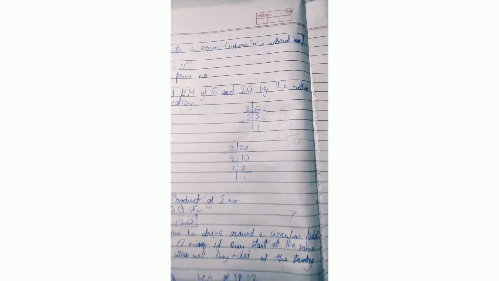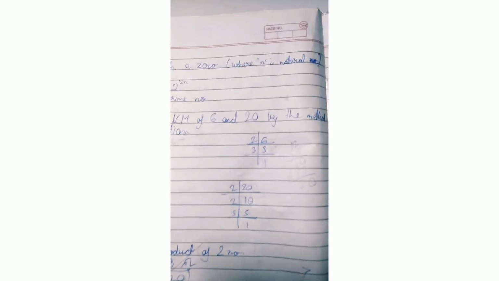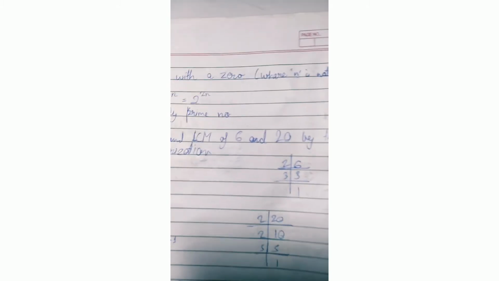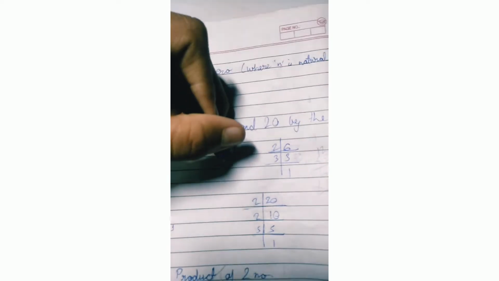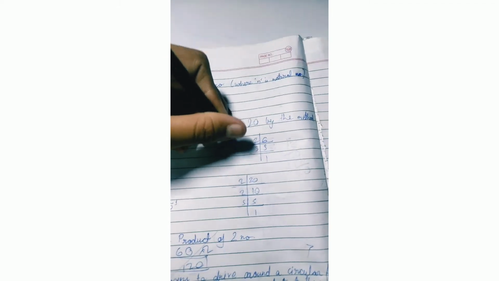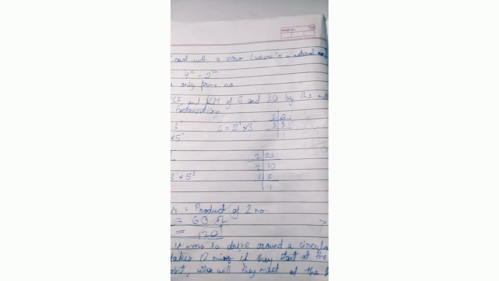So guys, we have taken out the factors of this number 6. The factorization of 6 is 2 and 3, so we will write 2 raised to 1 and 3 raised to 1. 6 is equal to 2 raised to 1 and 3 raised to 1.